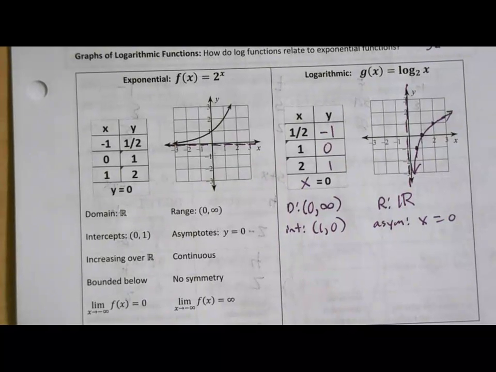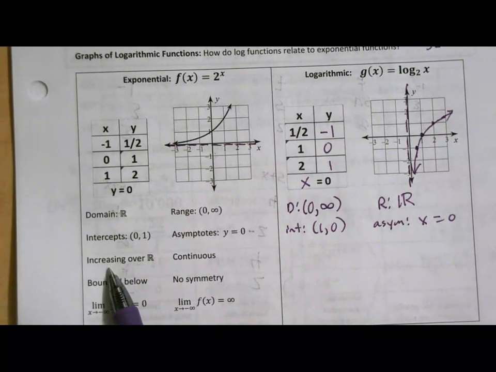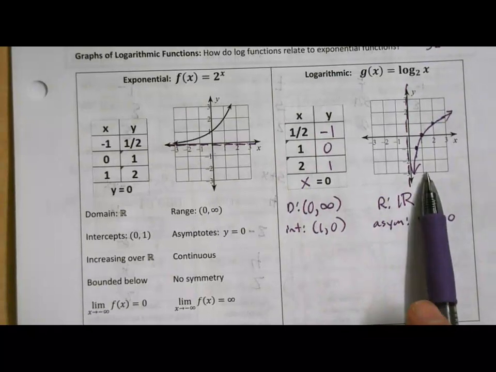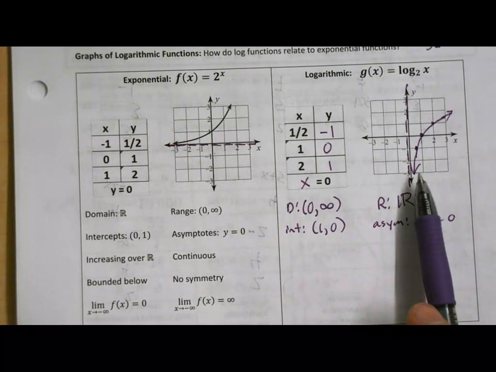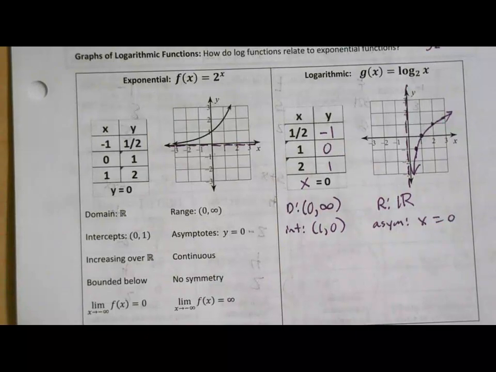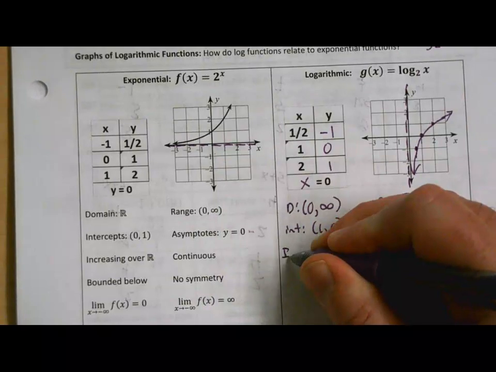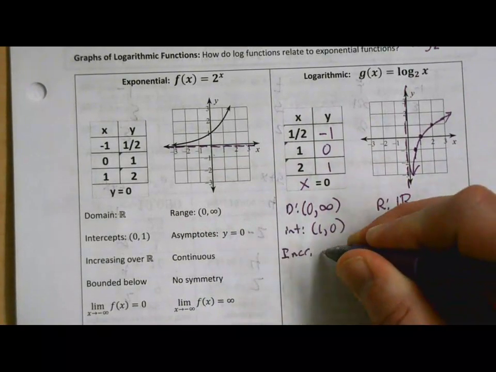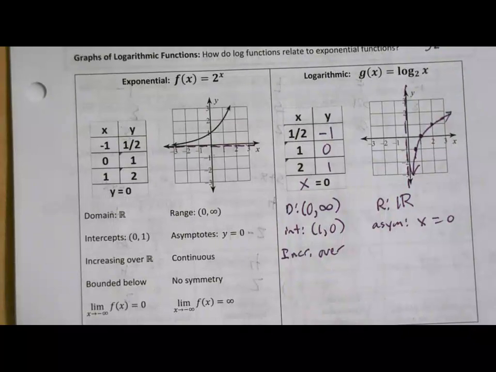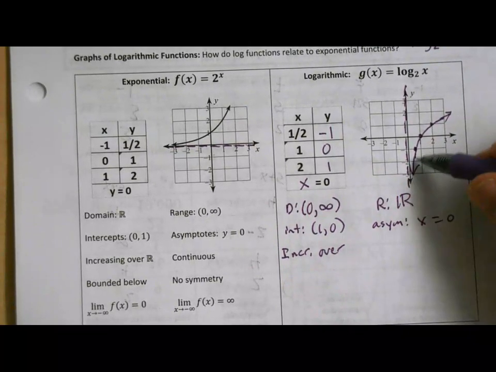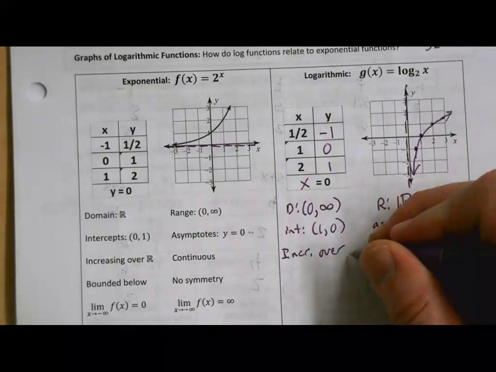The exponential was increasing. Is our log increasing or decreasing? It's increasing. It's increasing, but not over all real numbers. It's only increasing on its domain, so from 0 to infinity.